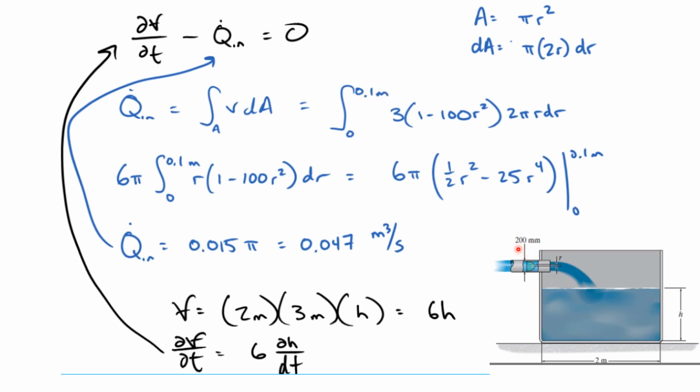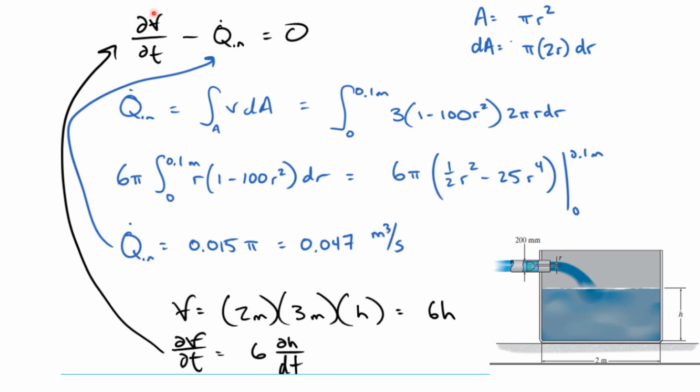The pipe has a 200 millimeter diameter, so it goes from the center of the pipe, which is r equals 0, out to the outer pipe, which is 100 millimeters, or 0.1 meters. We can perform this integration. We multiply 3 times 2 times pi, factor that out, integrate, and we come up with 0.015 times pi, or 0.047 cubic meters per second.